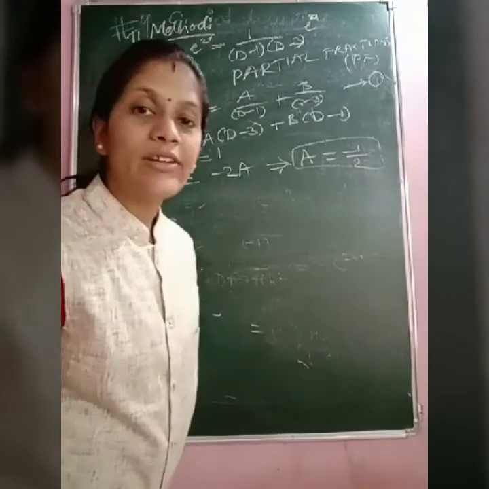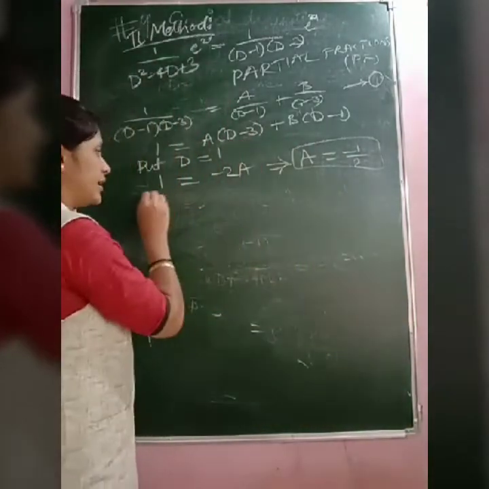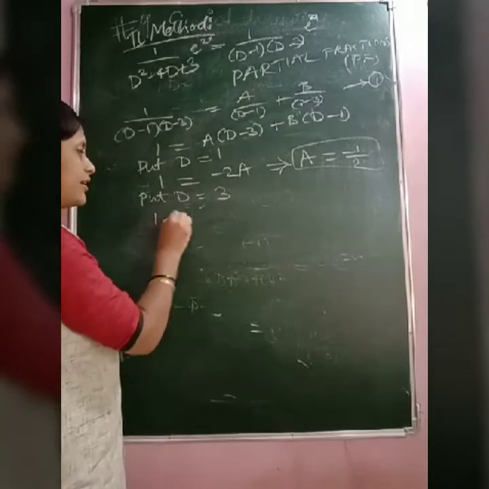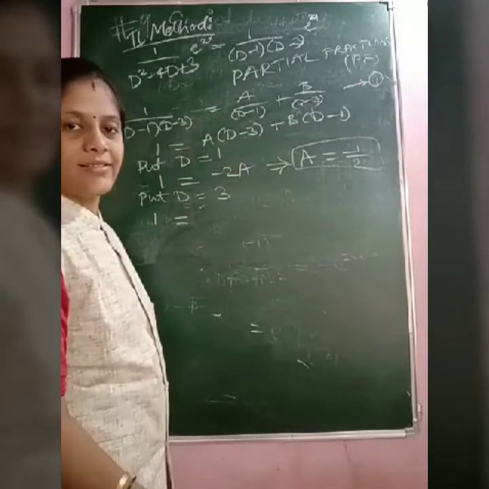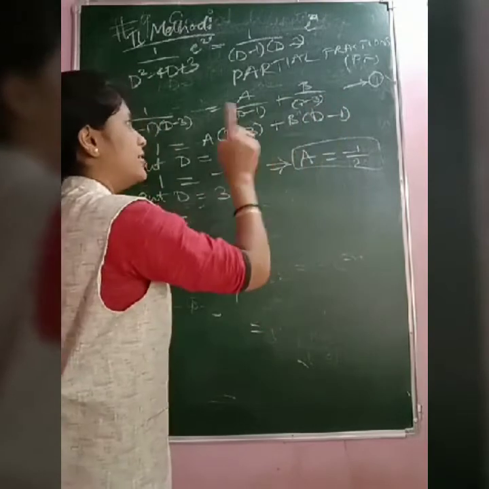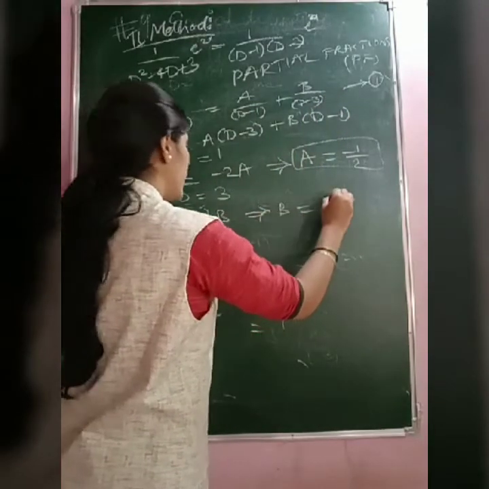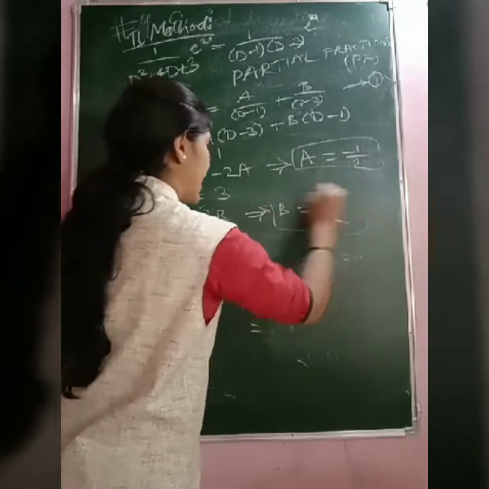Now you can put D equal to 0 or D equal to 3. Put D equal to 3. Then 1 equals 3 minus 3 is 0, 3 minus 1, 2B. This implies B equals 1 by 2. Right?